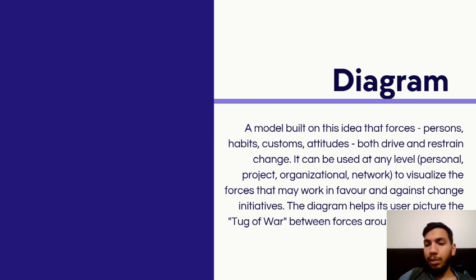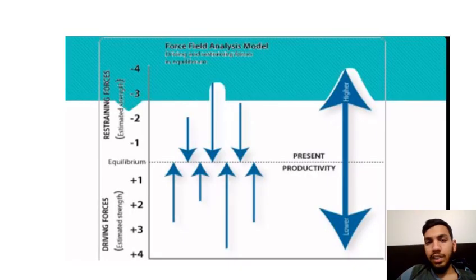It can be used at any level, personal, project, organization, network, to visualize the forces that may work in favor of or against the change. As you can see in the diagram, in the middle is the equilibrium, and the two forces are acting against each other. One is resistance and one is the driving force.